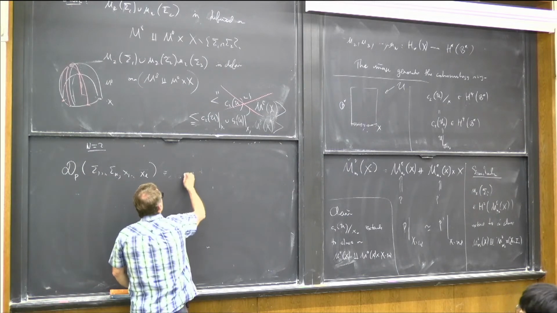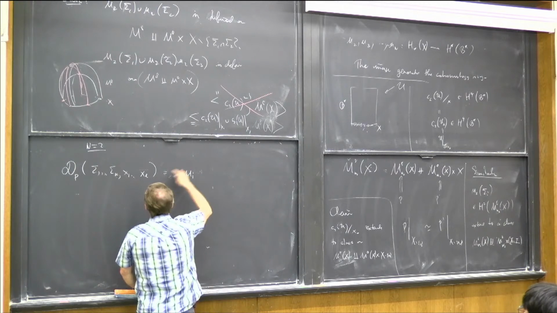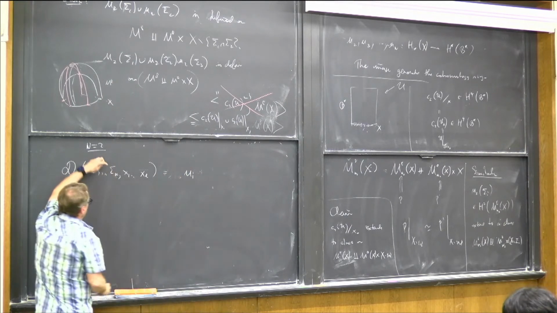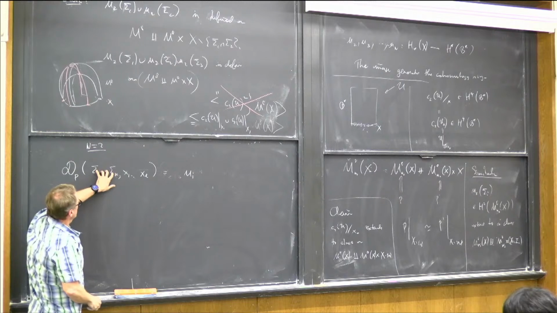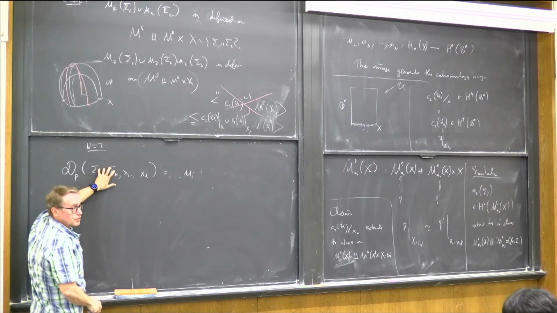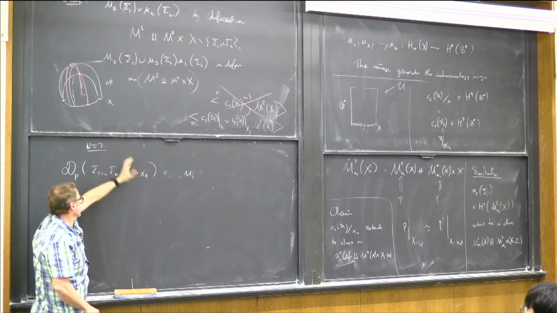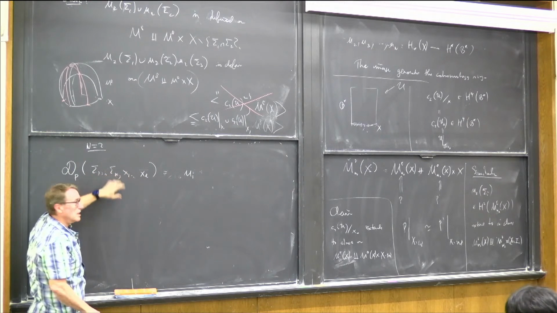I take cycle representatives. I need to make sure that these are represented by cycles that are transverse to each other, transverse to the points. The points should all be distinct.